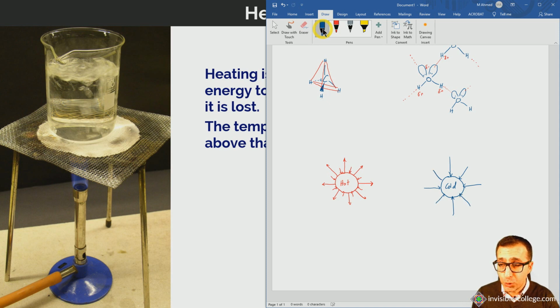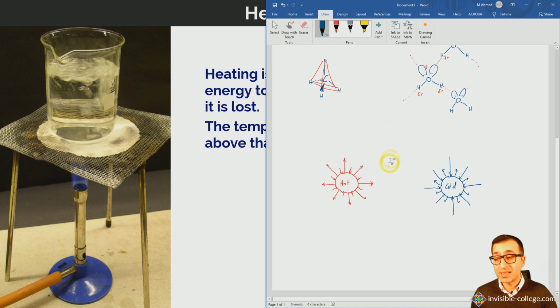So heating and cooling involve the net movement of heat, the net movement of internal energy in one direction or the other. A cold object will radiate some heat into the surroundings, but it will absorb far more from its surroundings than it radiates. So this is how we conceptualize heating and cooling.